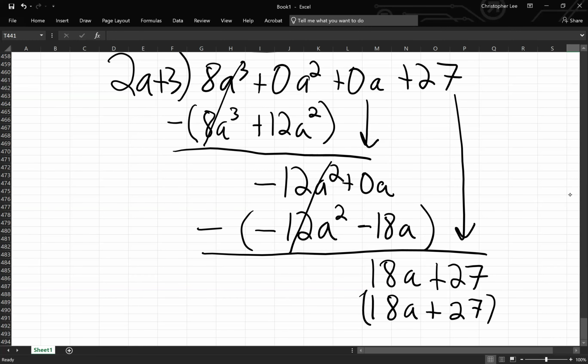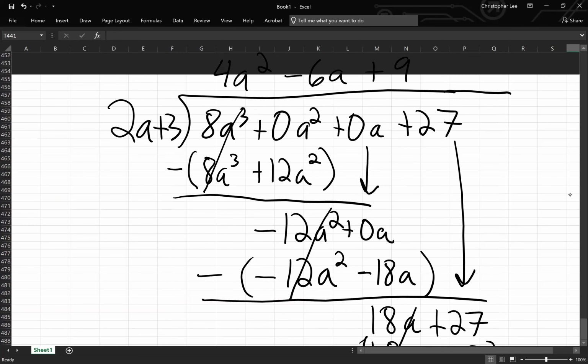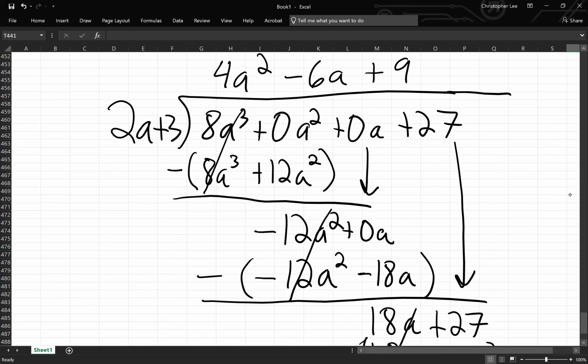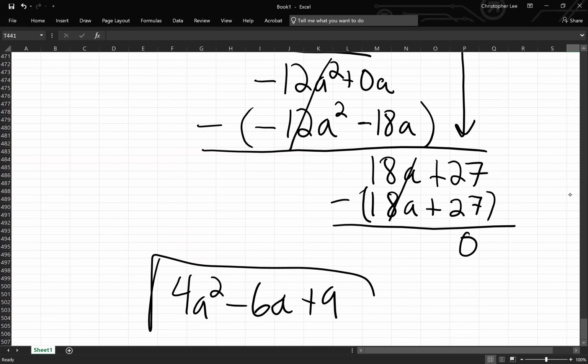Put those in parentheses. Subtract this. 18a minus 18a cancels out. 27 minus 27 is 0. So what's my final answer? 4a squared minus 6a plus 9. That's it, using my long division.